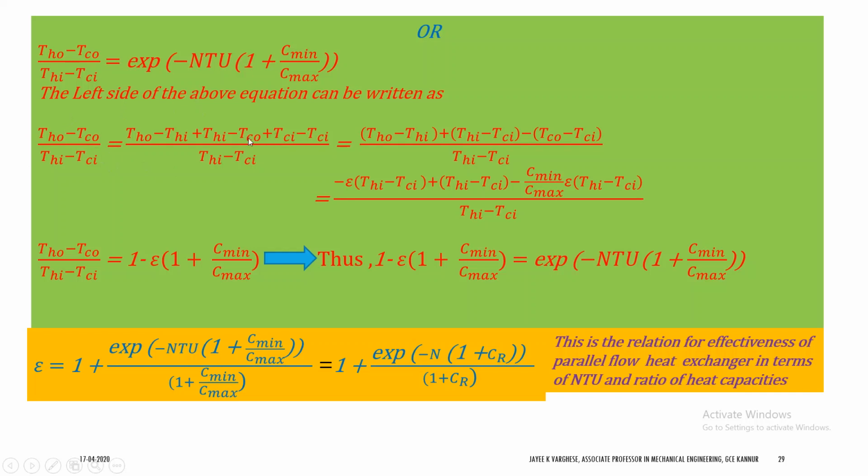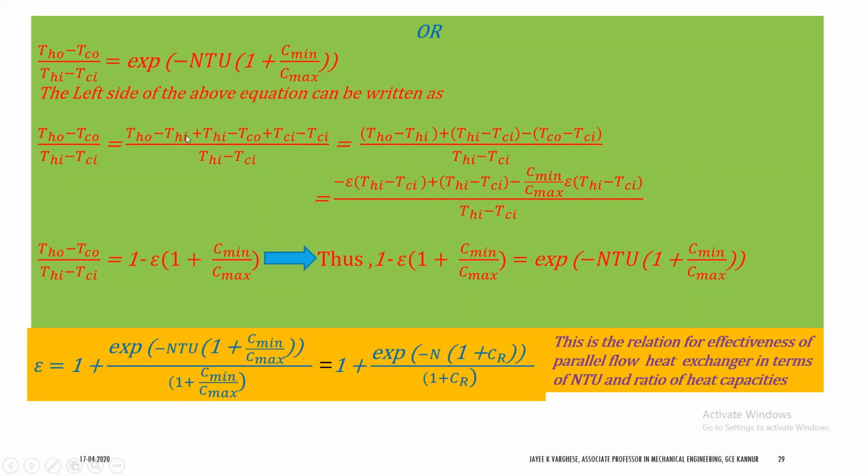So what we do, since we have a term TCO, we will also introduce another term TCI. I have minus TCO here, so I will have plus TCI here. So since I add this with the TCI, I should also subtract this with the TCI. So instead of the two terms here, we manipulate the numerator such that there are 6 temperature terms, and we segregate it suitably.